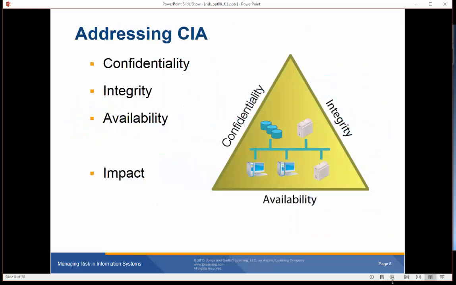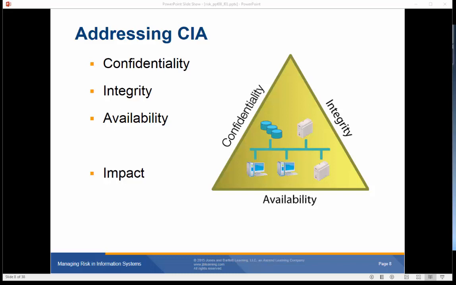The CIA, no, not the Central Intelligence Agency, but confidentiality, integrity, and availability. Confidentiality is preventing unauthorized disclosure of information.